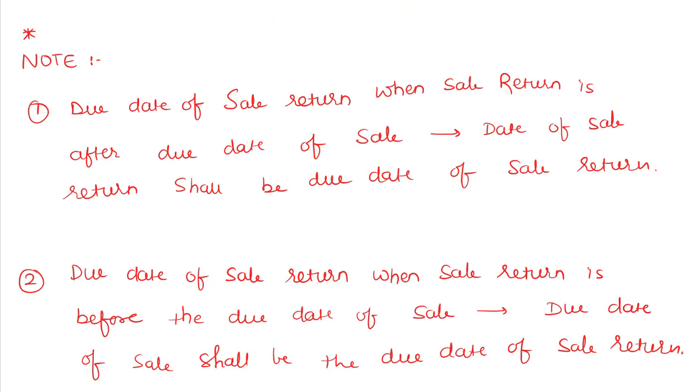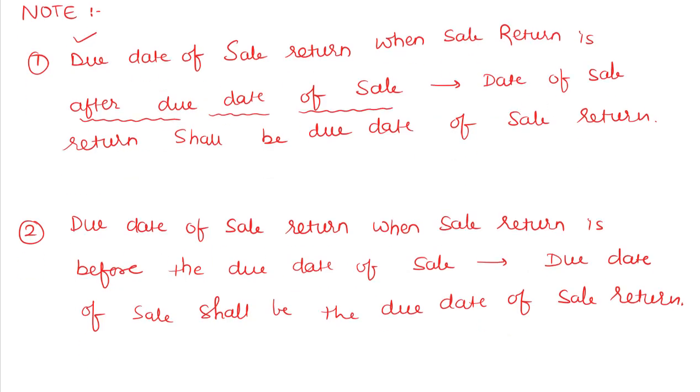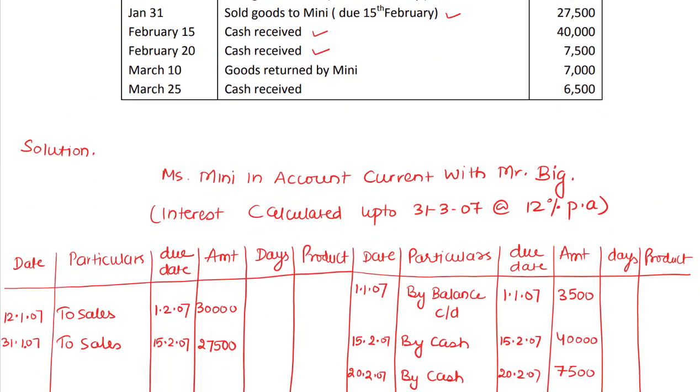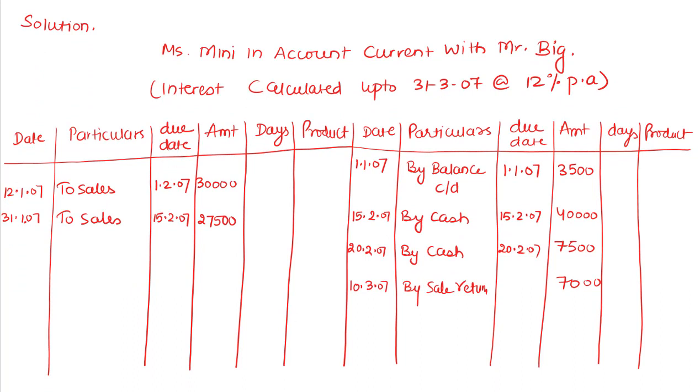First note, due date of sale return, when sale return is after the due date of sale. Kindly check the due date of sale in both the cases. The due date of sale is 1st February and 15th February. This means sales return happens after the due date of sales. Sale return happens on 10th of March, which is after the due date of sales.